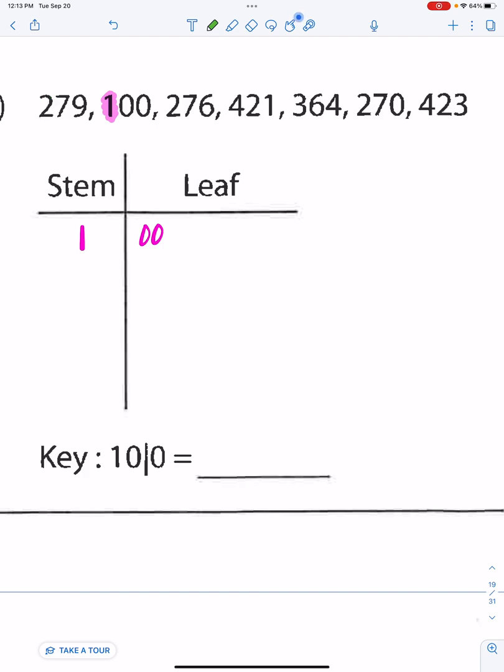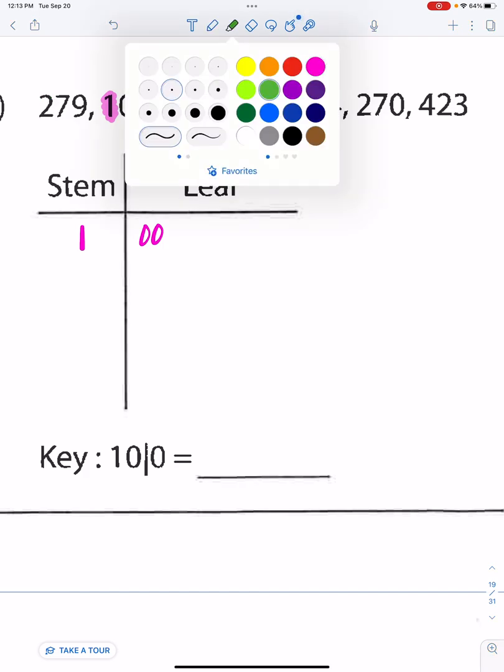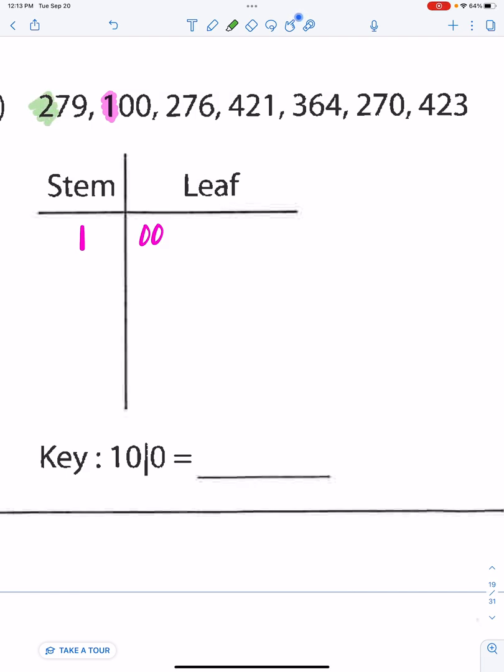I've got a 279 and a 276 and a 270. So I'm going to start with the 2. The smallest one is the 270, and then the 276 and the 279.